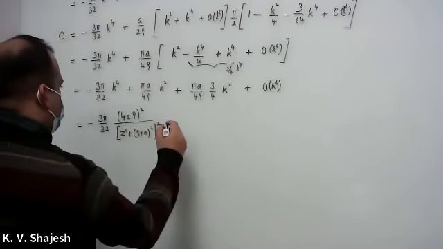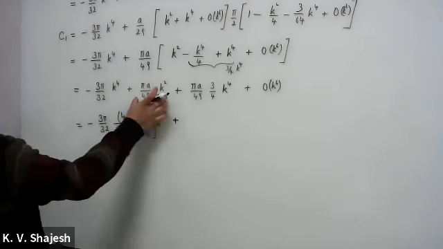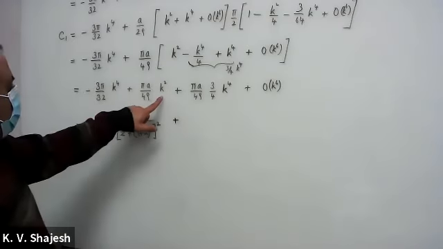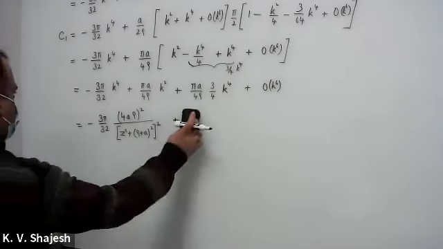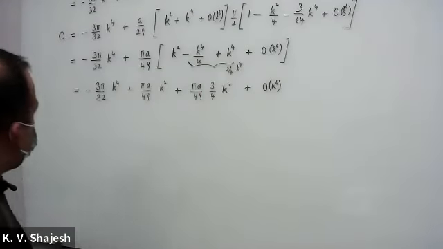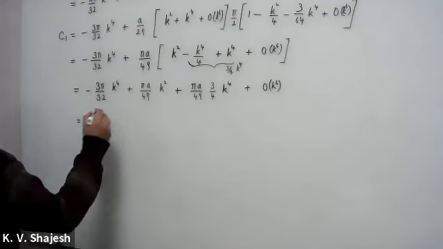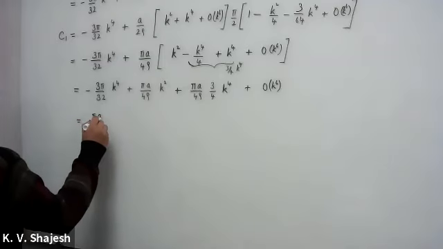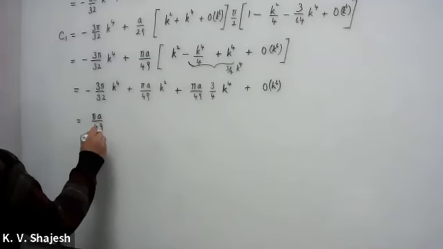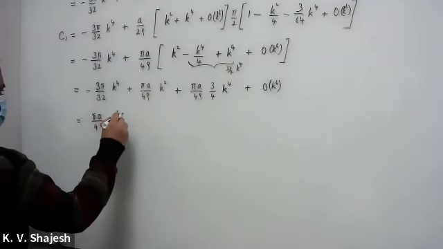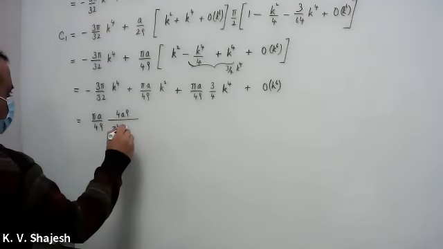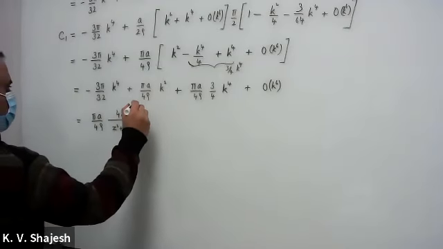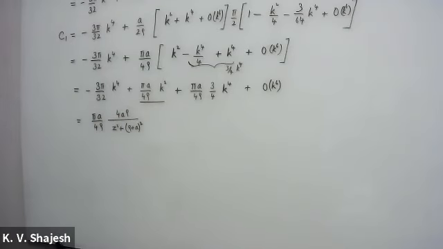And this one is plus. Maybe I should write this first because this is a leading term, so that the structure comes out nicely. Pi a over 4 rho times k square is 4a rho over z square plus rho plus a the whole square. That's this term taken care of.